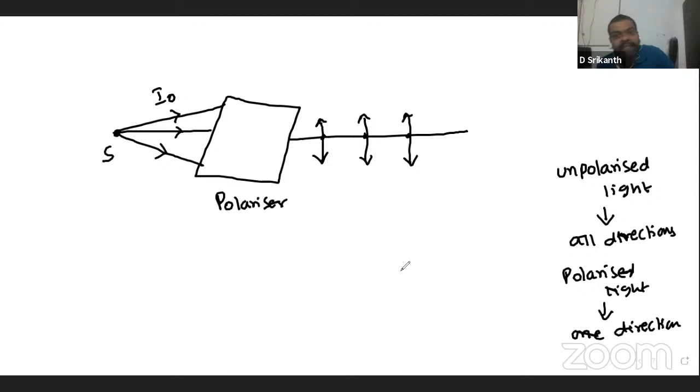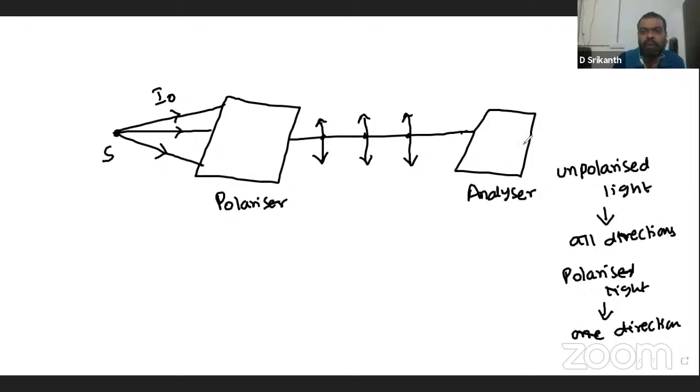To check it, we have a device called an analyzer. The polarizer and analyzer are usually made of a ferromagnetic crystal like nickel, chromium, or steel. Whatever light is obtained from the analyzer will be polarized light.